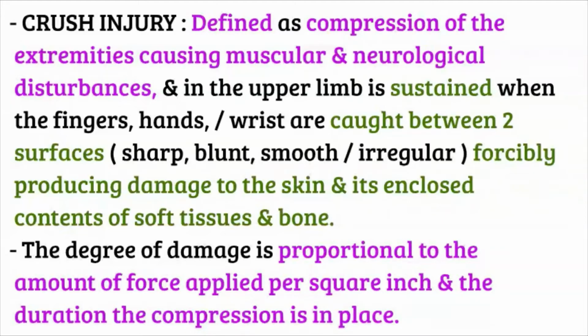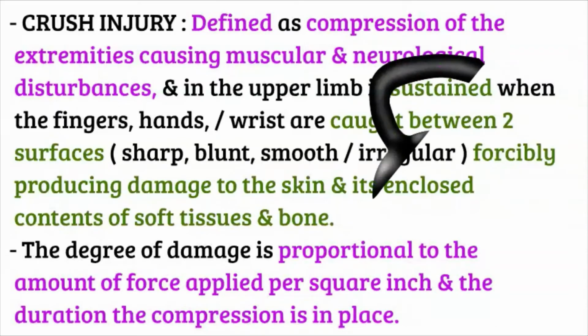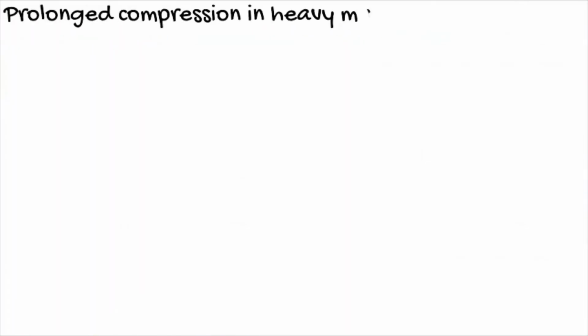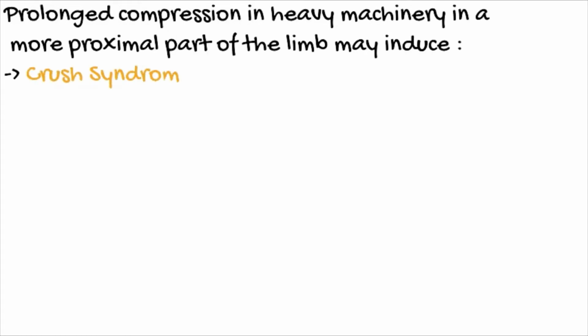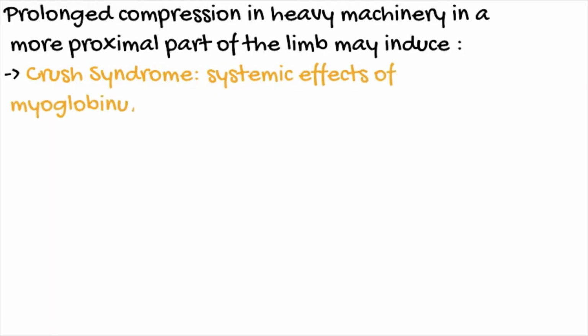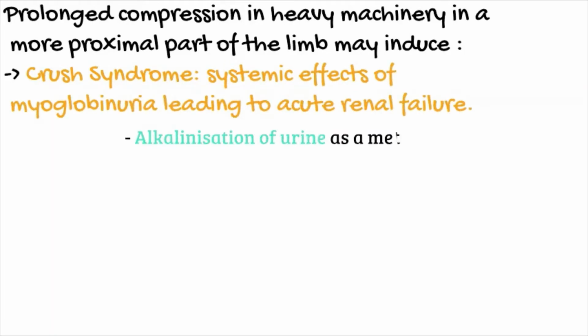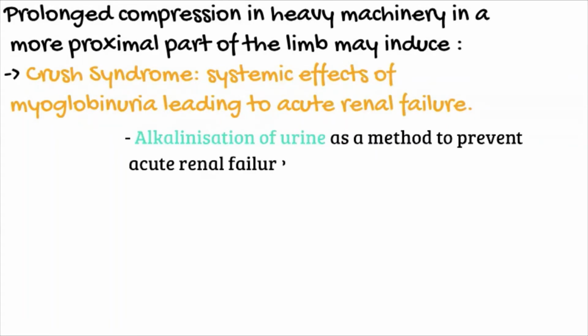The degree of damage is proportional to the amount of force applied per square inch and the duration of the compression. Prolonged compression in heavy machinery in a more proximal part of the limb may induce a crush syndrome. The systemic effects of myoglobinuria lead to acute renal failure and sometimes can cause cardiac arrhythmias.